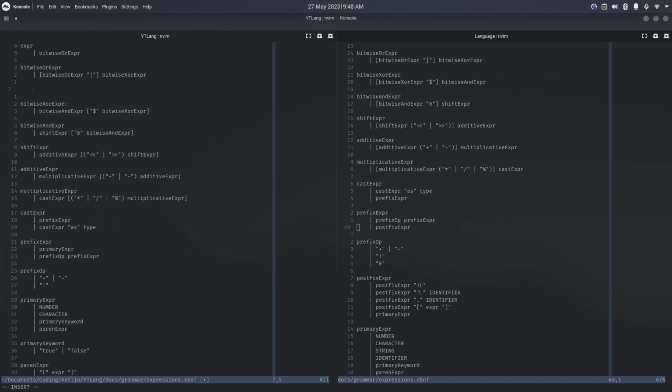I think there's a handful of other ways you could write this grammar. Another option is you could change it so that it's more like a bitwise XOR expression, or bitwise XOR expression with a star, and the star means 0 or more times. So this would be essentially the same, but it's not quite the same.